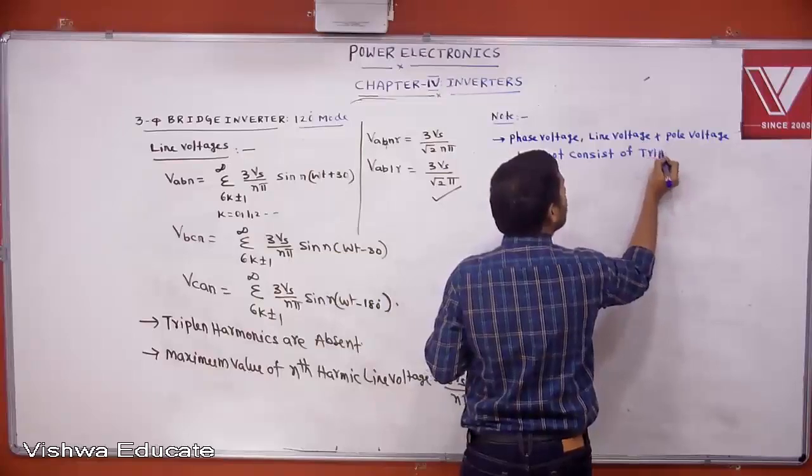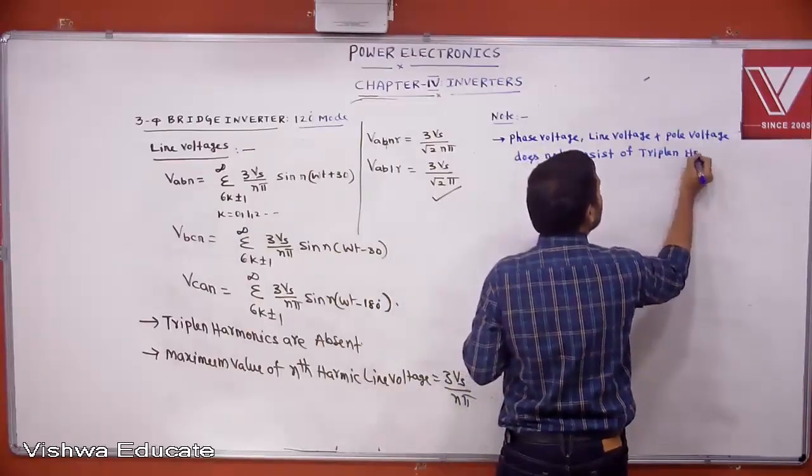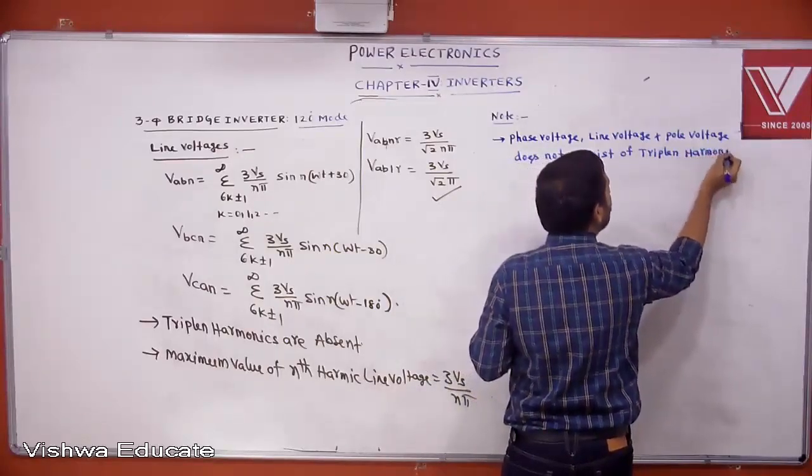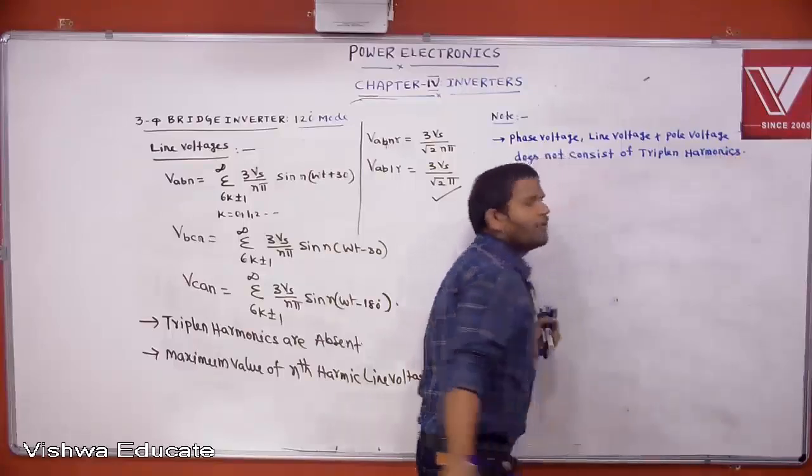That means it may be 180-degree mode or 120-degree mode, phase and line do not consist of triplen harmonics.